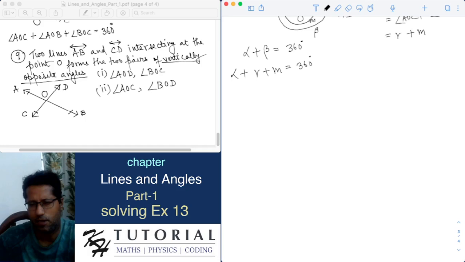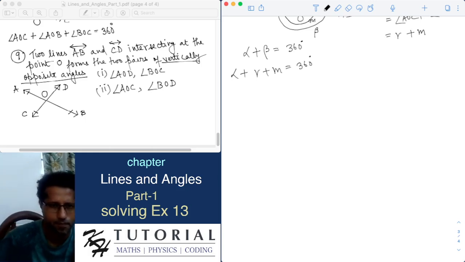Now let's say we have an angle. We just explained the concept of vertically opposite angles with the fact that when two lines intersect at a point O, then two pairs of vertically opposite angles are created. But what is the actual property of two vertically opposite angles?